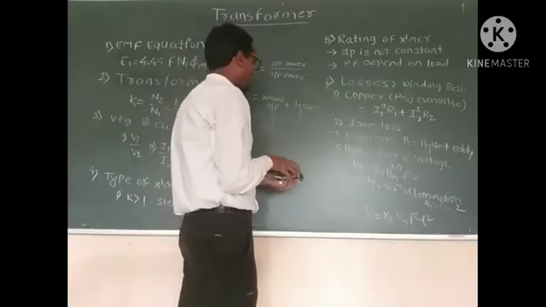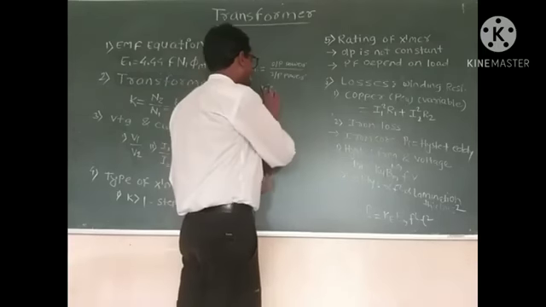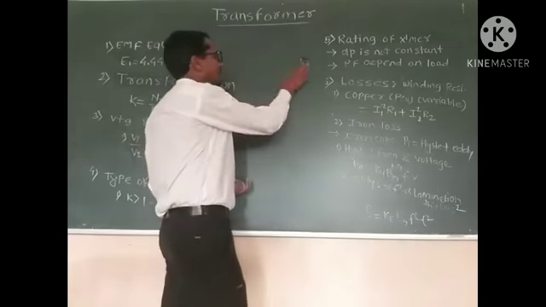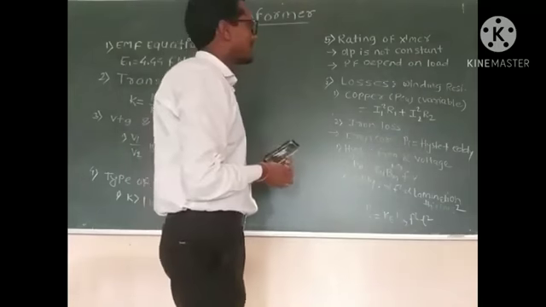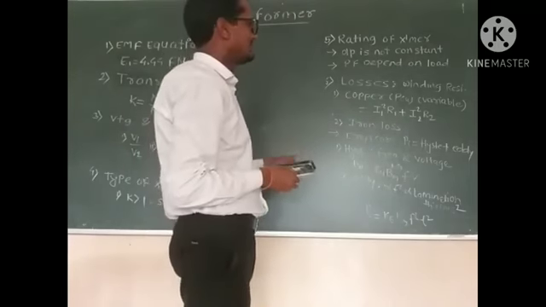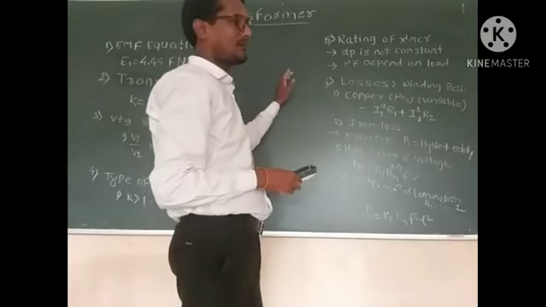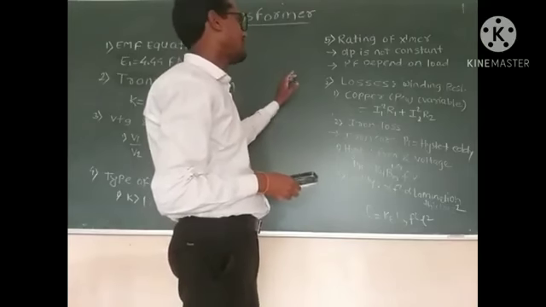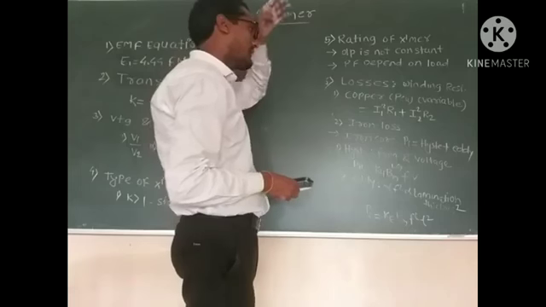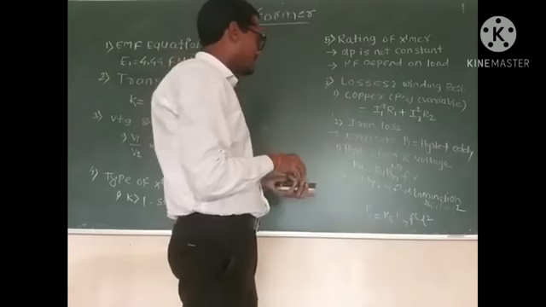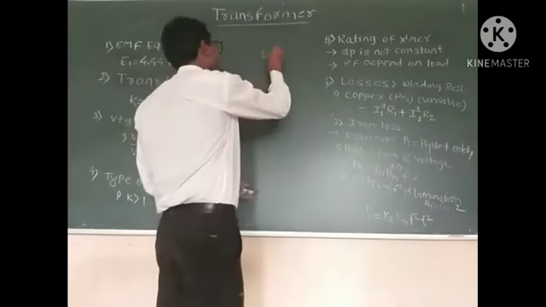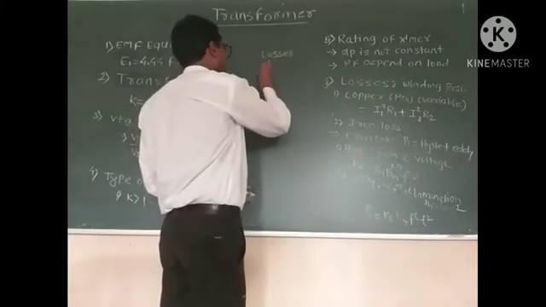So to increase the output power, we have to reduce the losses. That means losses reduce the performance of the machine or the transformer. So there are two types of losses in the transformer.